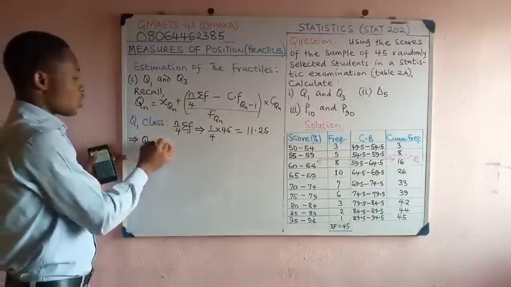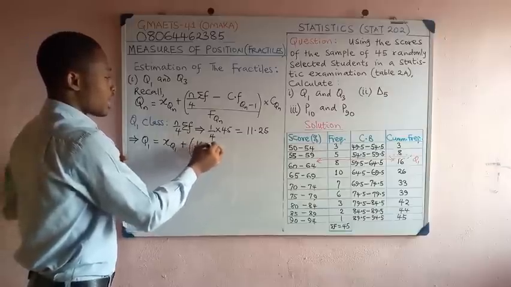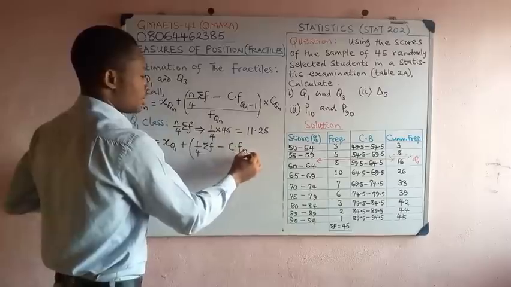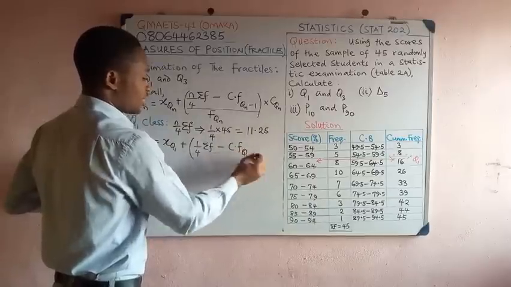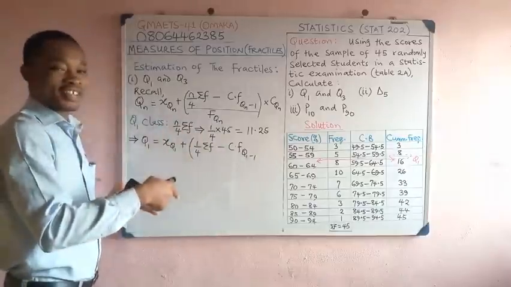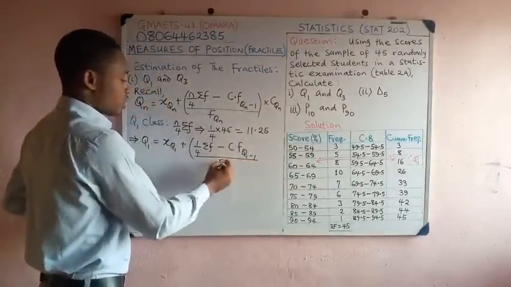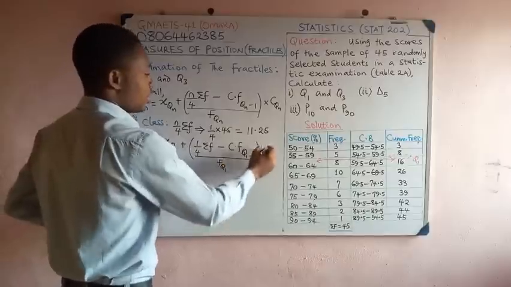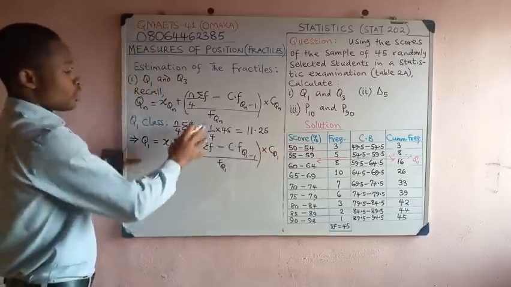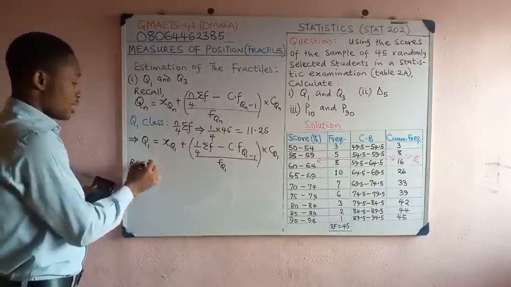So we have Q1 equal to xQ1 plus open bracket 1 over 4 summation F minus cumulative frequency, that is CF Q1 minus 1, of the pre-first quartile class, divided by the frequency of the first quartile class, then multiplied by the class width of the first quartile class. Now, having obtained the first quartile class, we should get the value of xQ1 and the rest of them.